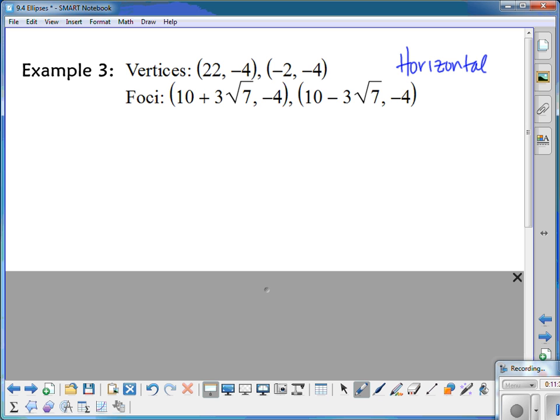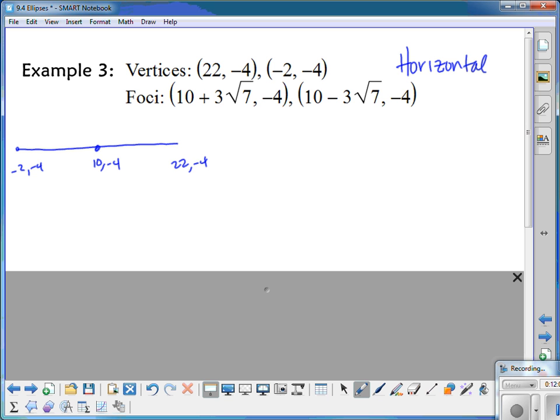And so all they've given me is one axis. And then my foci are at 10, so my center is going to have to be at 10, which it is. If you do 22 minus 2 and divide it by 2, you get 10.